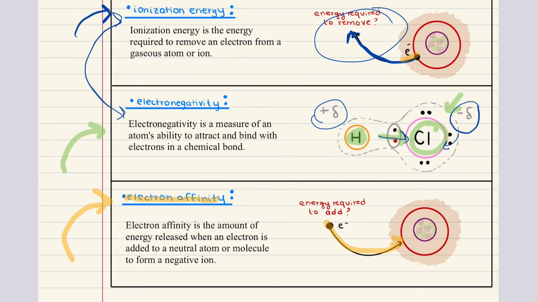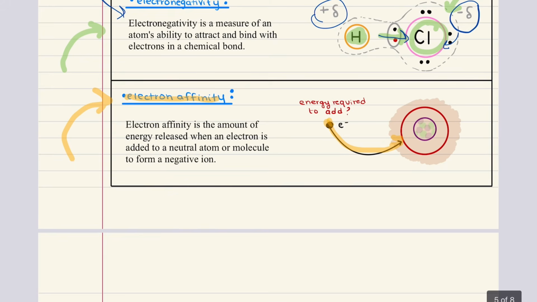Ionization energy was energy required to remove an electron. Electron affinity is energy released when adding an electron. It's a key descriptor of an atom's likelihood to accept an electron and thus form anions. And this is actually going to be an exothermic process, so it expels energy in the form of heat, and again, very much the opposite of ionization energy.